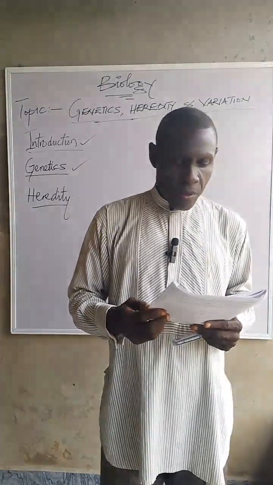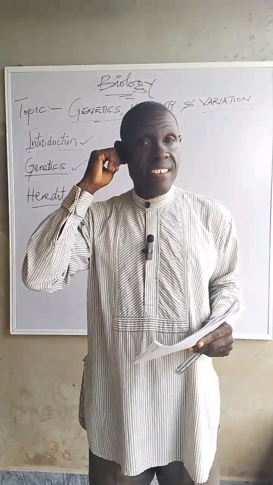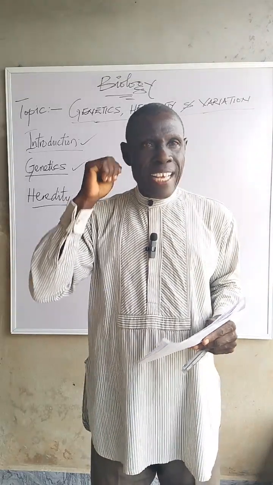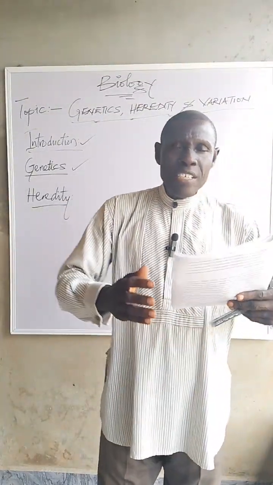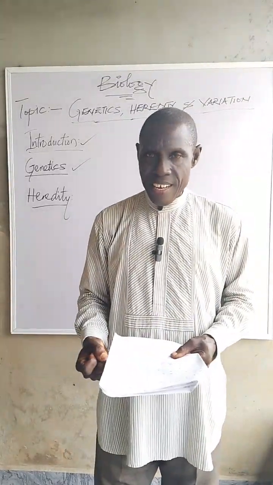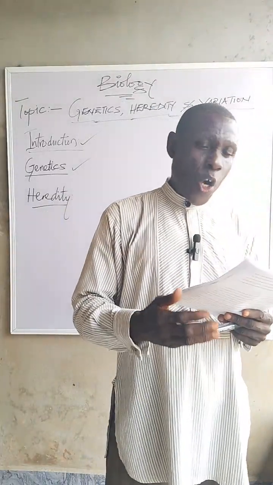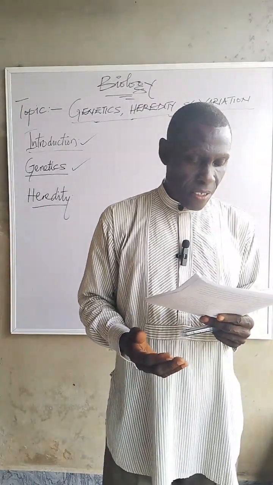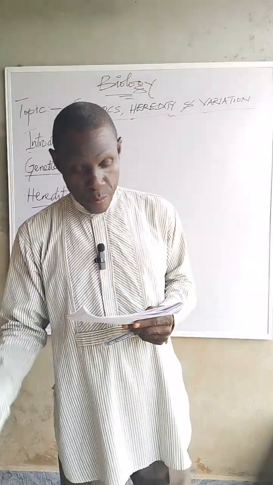Then sometimes also the shape of the ear. See, these are some features we see on the bodies of children which they inherit from their parents. So these are commonly transmitted from parents to children during sexual reproduction.